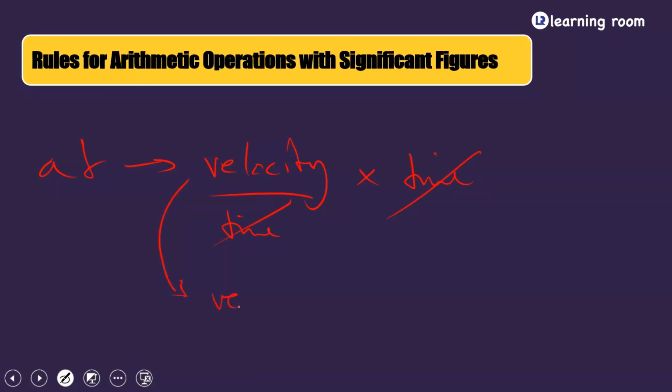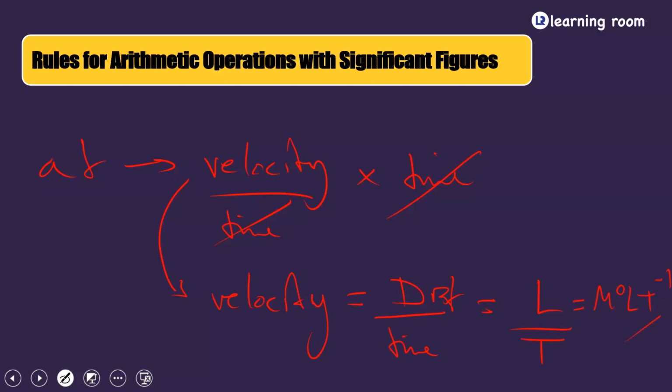So what do I have remaining? Again velocity, distance by time. Same thing, buddy. Everything cancelled out, it becomes the same.